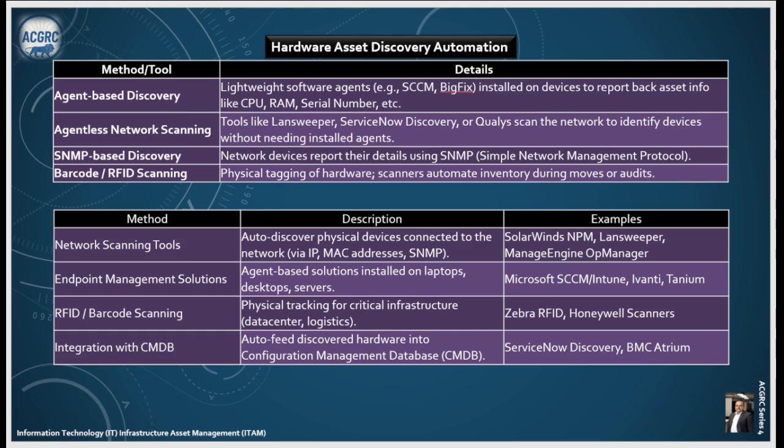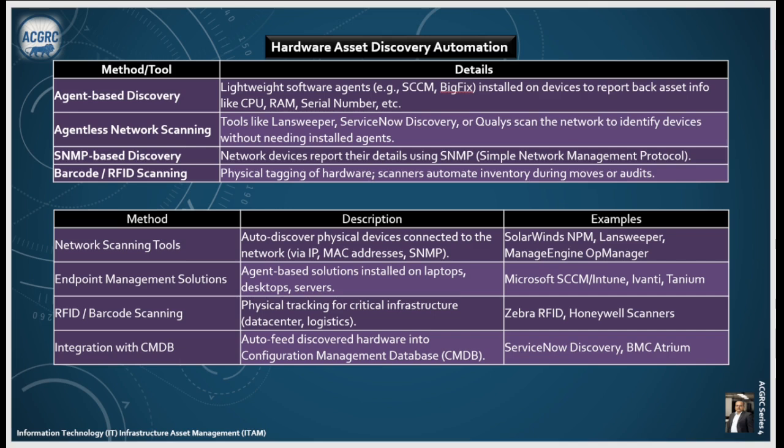Agentless tools like Lansweeper and ServiceNow scan the network to identify devices without needing to install an agent. With SNMP-based discovery, network devices report their details using SNMP, the Simple Network Management Protocol. RFID and barcode is about physical tagging of hardware; scanners automate inventory during moves or audits.